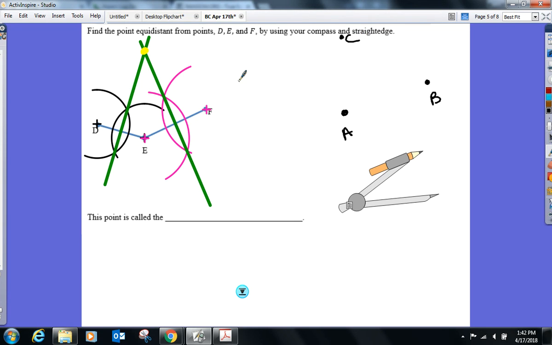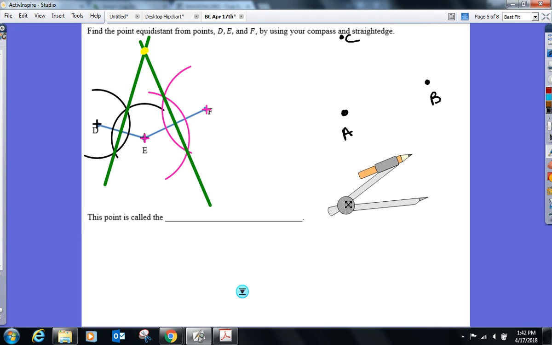Why? Here's why. If I draw that point to F, if I draw that point to E, if I draw that point to D, what are all three of those segments called in the circle? Radii. And what do you know about all the radii in the same circle? They all have to be congruent. Absolutely. So how do I make this circle now?